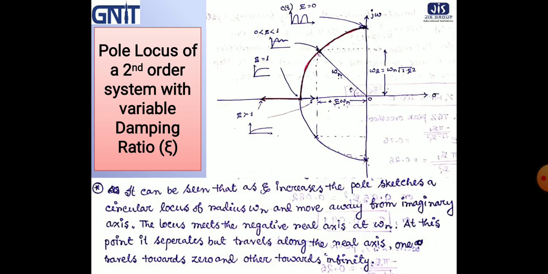So we can conclude that if we increase the value of zeta from 0 to a higher value, then the location of poles will shift from the imaginary axis to the real axis, just see the red color, and then it goes towards negative infinity along the negative real part.